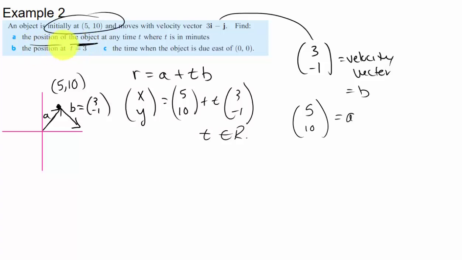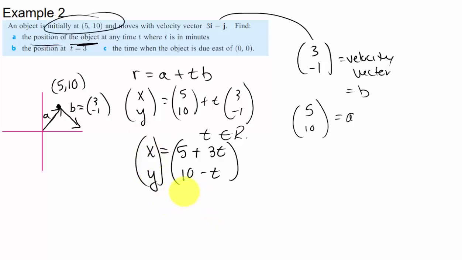Well, a position is an actual point. So we can take this and look at our x components. So x is equal to 5 plus 3t, and y is 10 minus t. So that means that our position, depending on what t is, would be 5 plus 3t and 10 minus t if we write it as a coordinate.